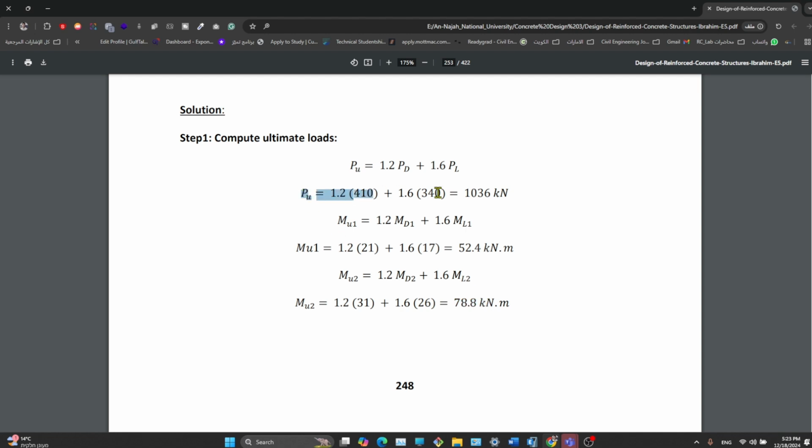P ultimate is about 1036, and from 1036 I think we discussed the dimensions that are preferable to use, 0.4 by 0.4.